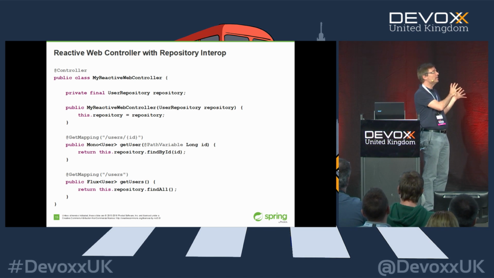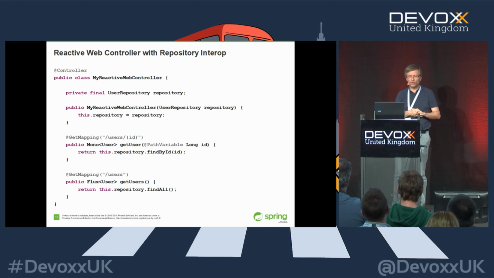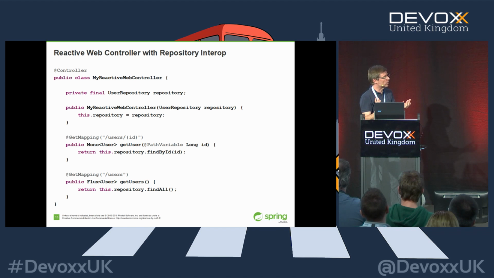The runtime system is in charge of actually triggering the operations in a non-blocking fashion. All you're doing here is you're composing the instructions for what to do when we produce the elements.